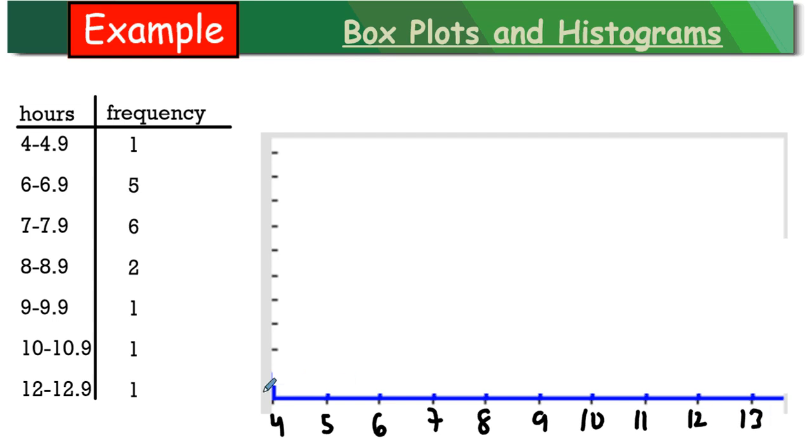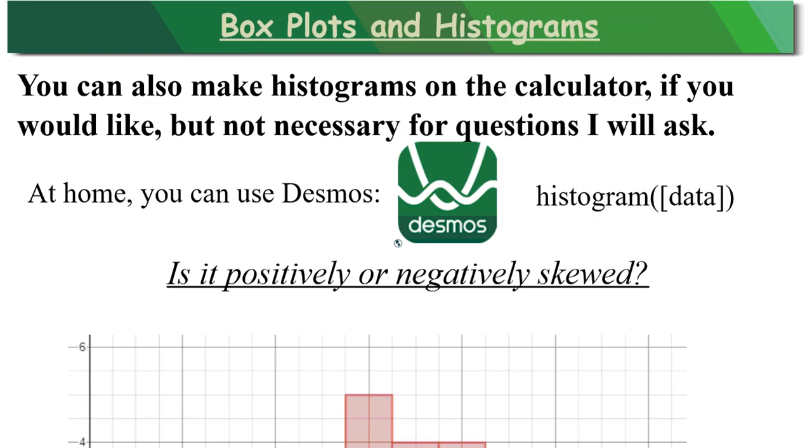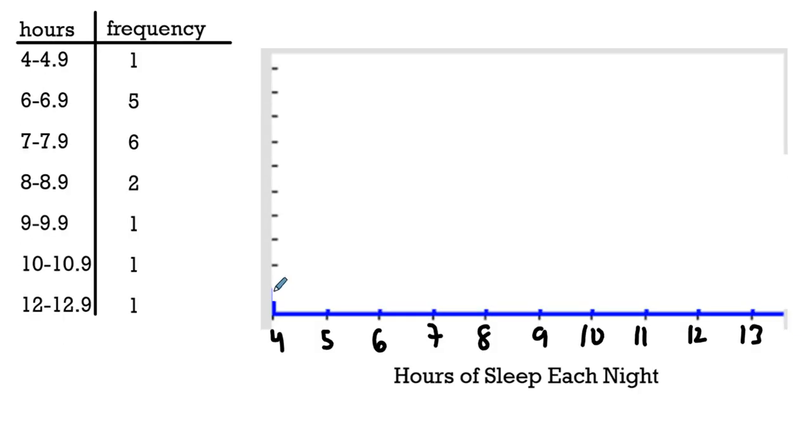So in between 4 and 4.9 was 1. I'm guessing this is a tick mark right here, so 1, yep. Then there was 0 at 5 to 6. Between 6 and 7.9 there were 5, so 1, 2, 3, 4, 5 up here. 7 to 8, there were 6, so 1 above that.